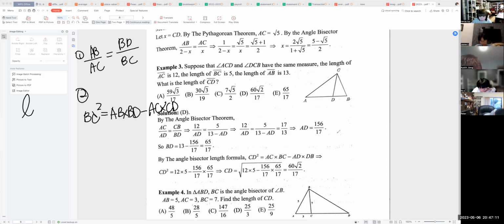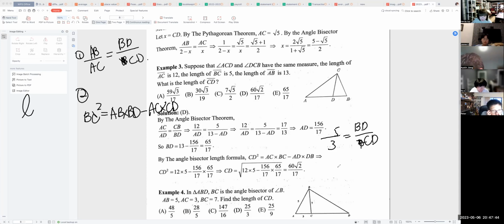Okay, so AB equals 5. AC equals 3, BD we don't know, and BC we know is 7. Oh, sorry, I calculated wrong. This is CD. I said, why is it BC? Sorry, it's CD. Bagel, no. Don't bark.